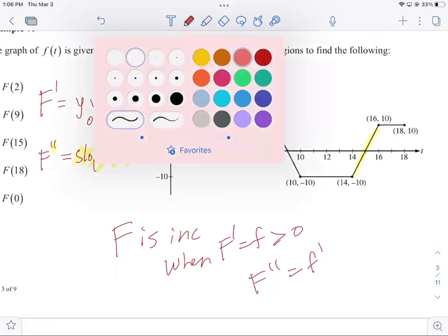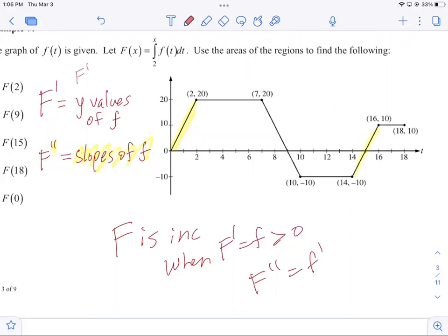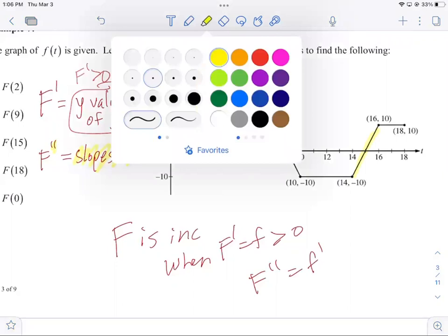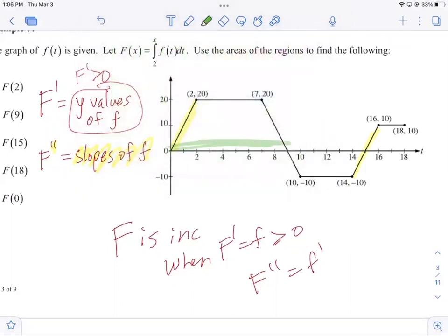Big F is increasing when big F prime is greater than 0. That's when the y values are positive. Where are the y values of this graph positive? From 0 to 9, 15 to 18. So that's the question that I came up with. I like it because it combines a little bit of chapter 3 back in there as a review.